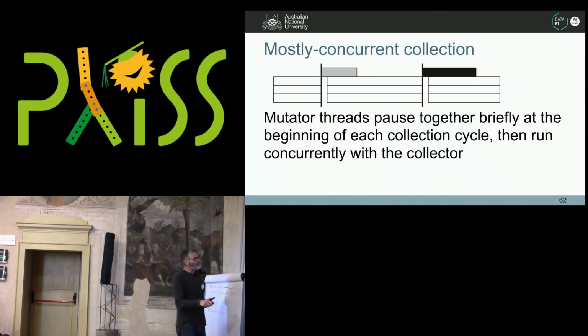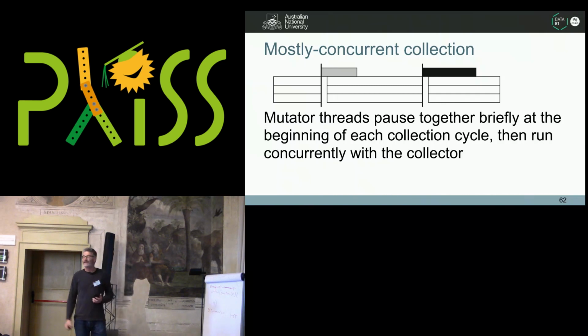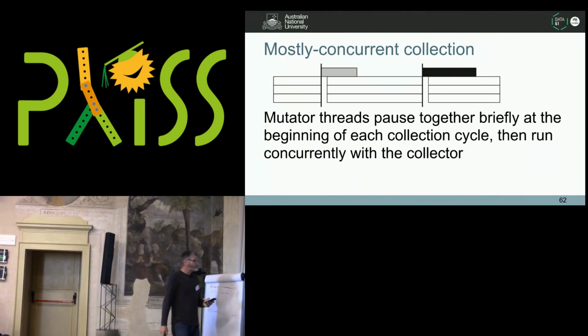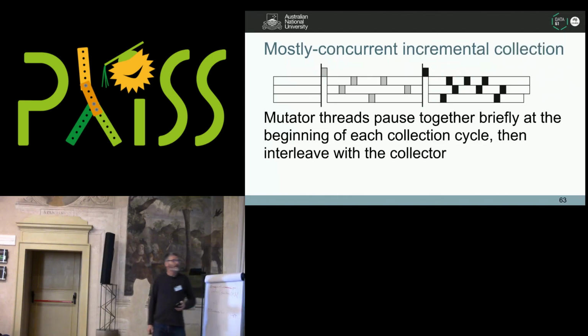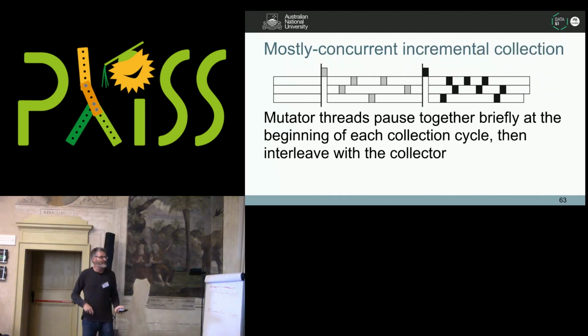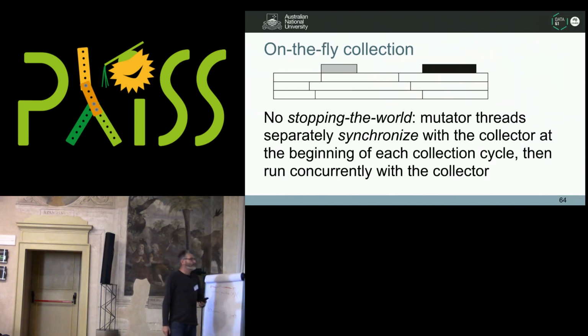So there's still a possible pause being introduced. The mutators will see pauses at that point, but hopefully those pauses are relatively brief. And then so long as things coordinate properly as we go here, the collector threads can run in parallel with the mutator threads. Of course, you could have mostly concurrent incremental collection and all the variants.